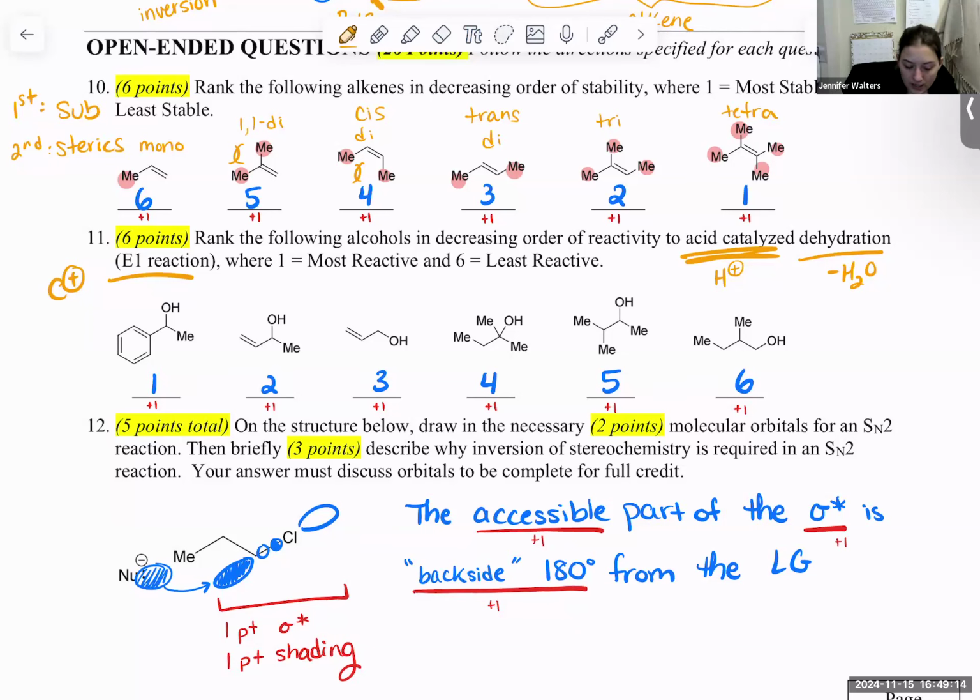So with these, that E1, we're just looking at carbocation stability. Again, benzylic is more stable than allylic, which is more stable than aliphatic. And then you consider your tertiary is more stable than secondary, which is more stable than primary. Consider resonance first, and then your hyperconjugation and induction. So this first one is secondary and benzylic.